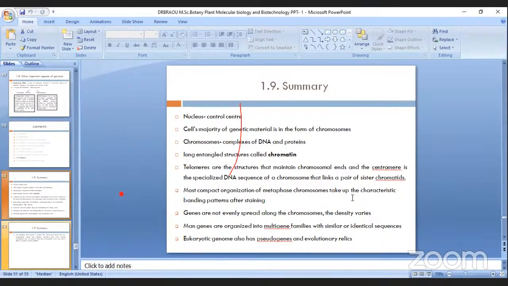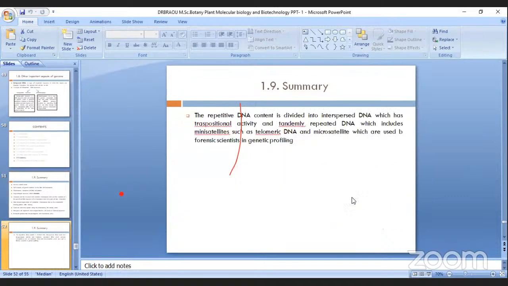The eukaryotic genome also has certain genes called pseudogenes, which are evolutionary relics. Among multi-gene families you see ribosomal RNAs, pseudogenes, evolutionary relics, and mammalian globin genes. All these come under other genetic aspects.